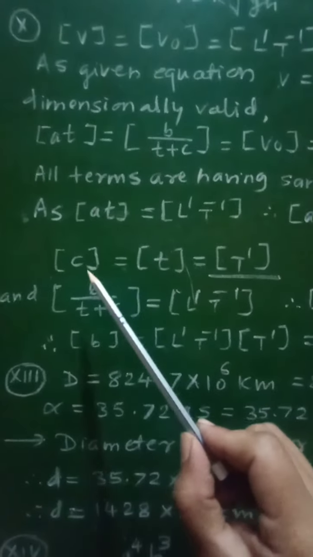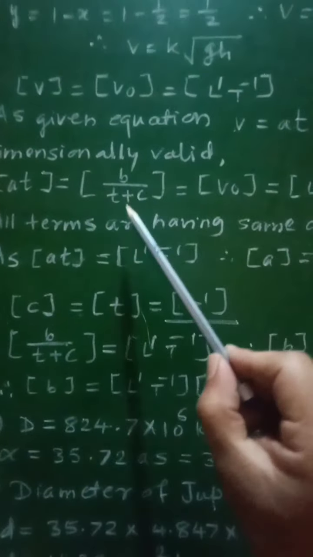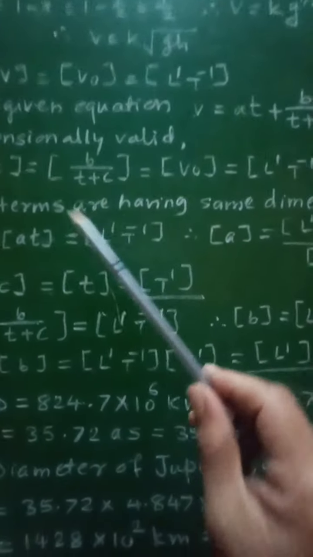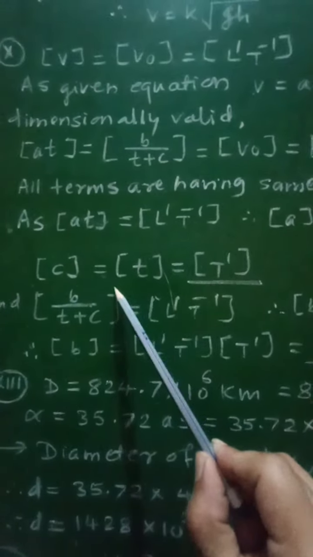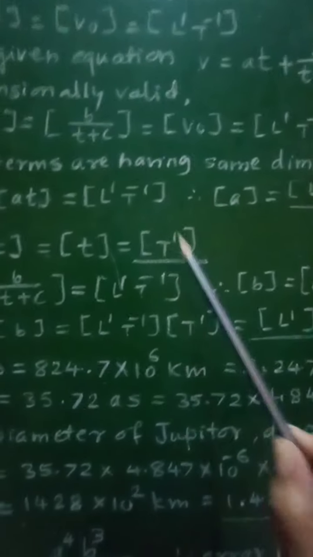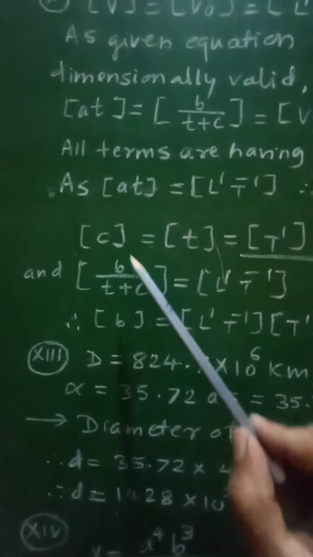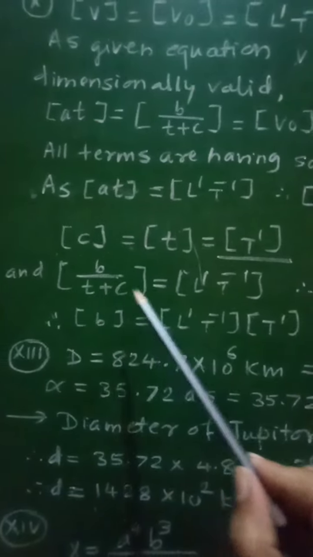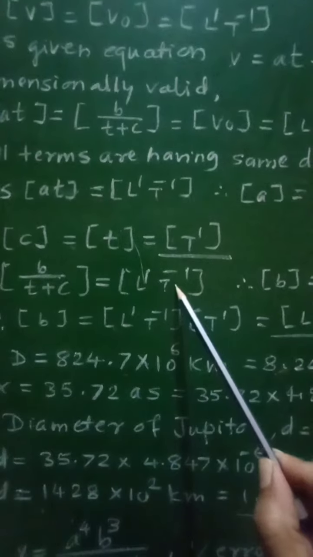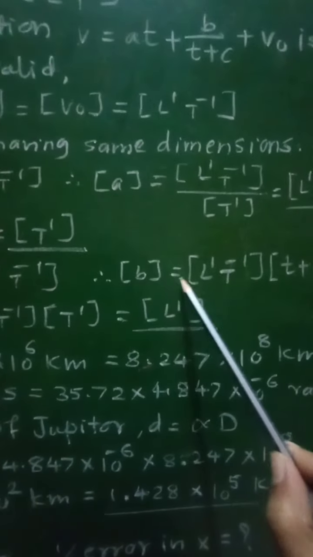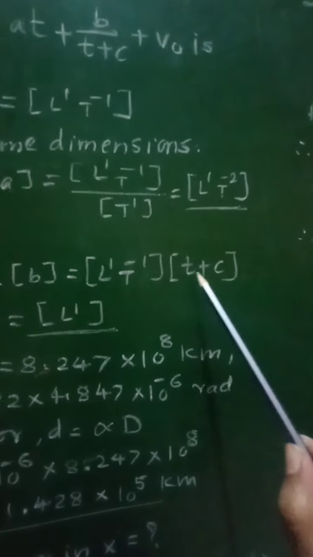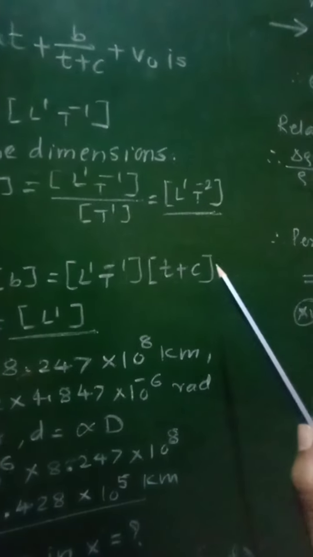Then, as b upon t plus c is there, the dimensions of t and c will be the same, and therefore dimensions of c will be equal to dimensions of t, that is T^1. Similarly, for the factor b upon t plus c, dimensions will be equal to L^1 T^-1, and therefore the dimensions of b will be equal to L^1 T^-1 into dimensions of t plus c.